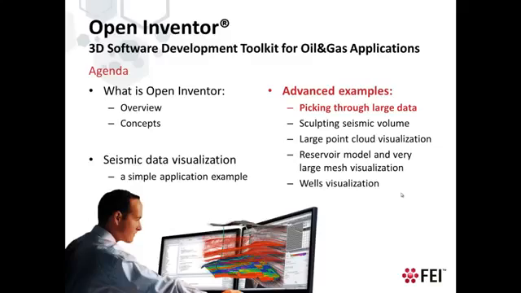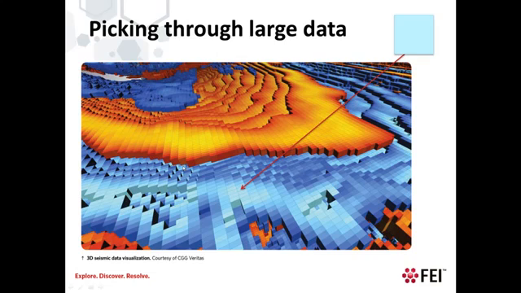Okay, let's start with our first advanced example that shows the performance of Open Inventor picking through large data. The word picking in Open Inventor means selecting geometry by pointing. Any objects on screen can be picked, and a lot of detailed information about the selected shape is returned to the user.